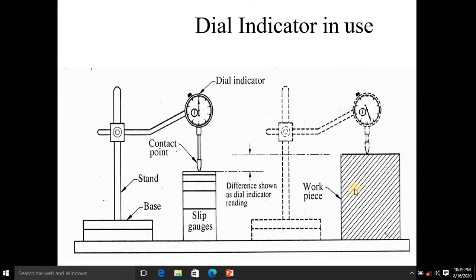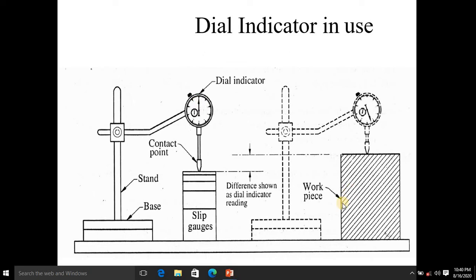For the same dimension from the measurement of the vernier caliper, we can combine slip gauges having the same dimension as this particular workpiece. They ring each other and are placed under the dial gauge. Suppose the dimension of the slip gauge and workpiece are the same, then 100% your dial indicator shows 0 reading.